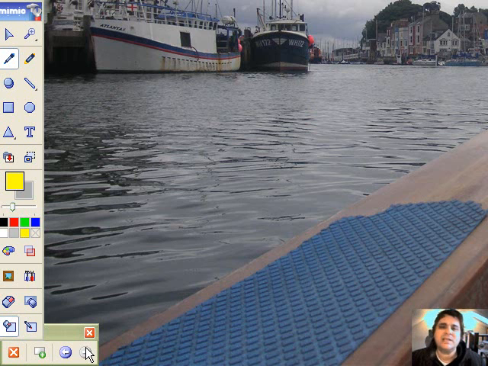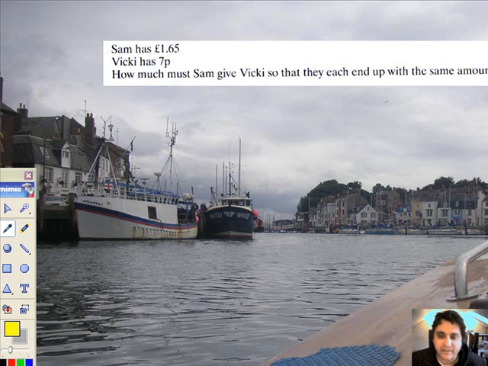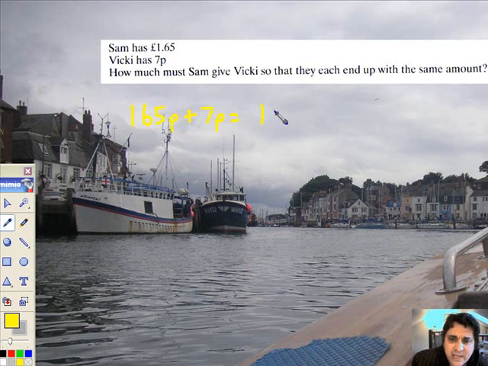Well, in other words, let's add up the total amount of money, then share it out amongst the two, and see how much Sam has got to give Vicky on top. Alright, so here we go. I've got Sam, 165 pence, and Vicky's 7 pence. Right? Don't add the 7 onto the 165, as you end up with £8.65. You're completely wrong. Anyway, 165 plus 7 is 172 pennies.